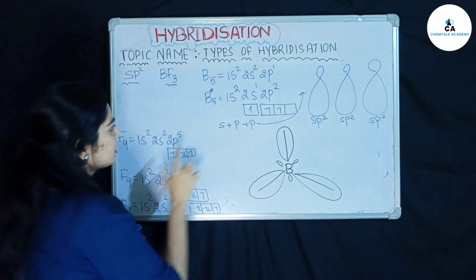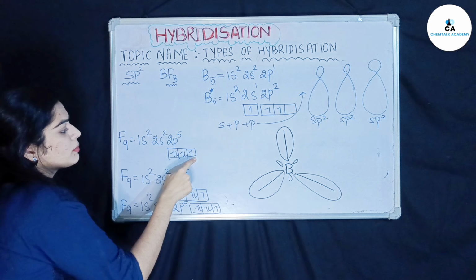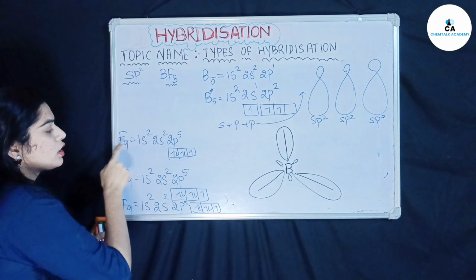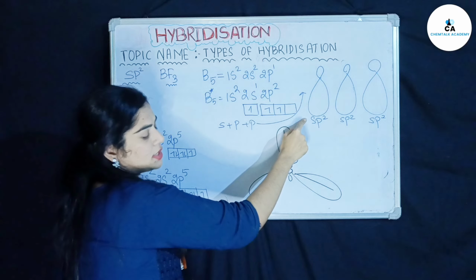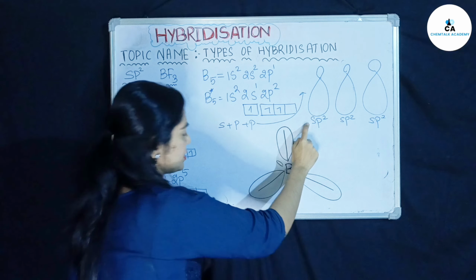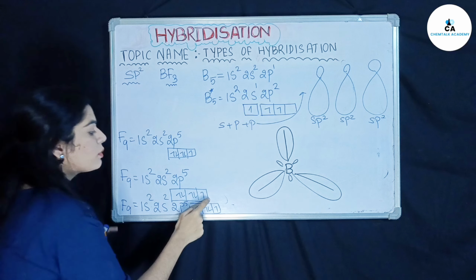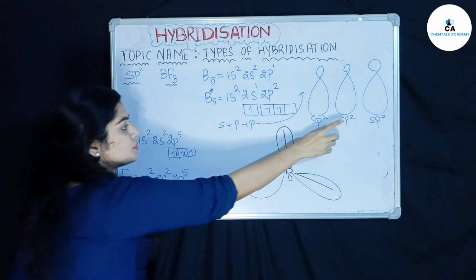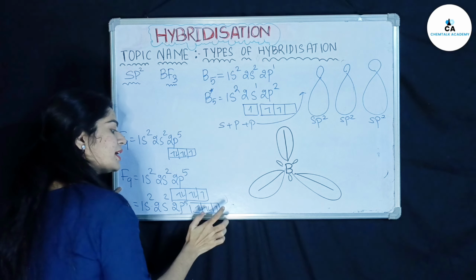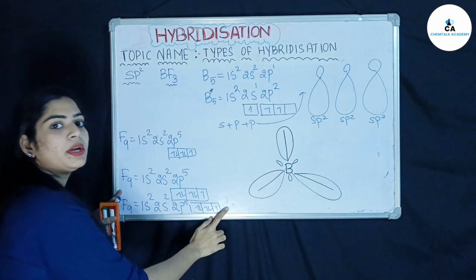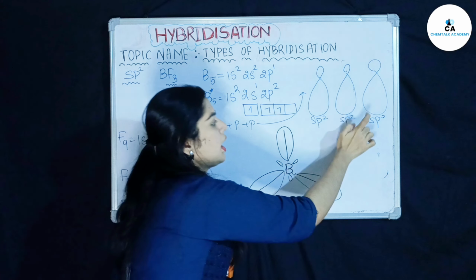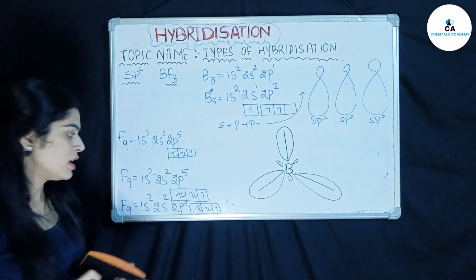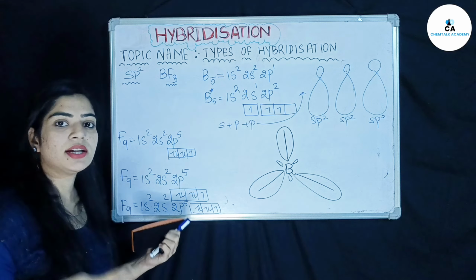Here the p orbital of fluorine is overlapping with the hybrid orbital sp2. Similarly, the p orbital of the second fluorine is overlapping with the hybrid orbital of boron. Similarly, in case of the third fluorine also, the p orbital is overlapping with the hybrid orbital of boron. What is the shape of the p orbital? Dumbbell.